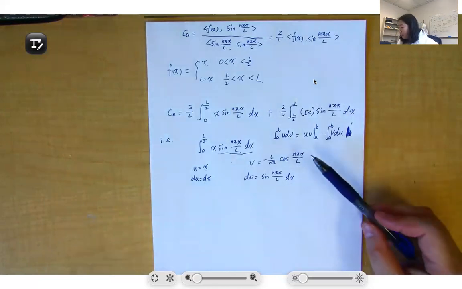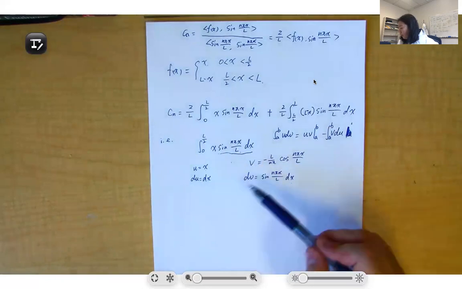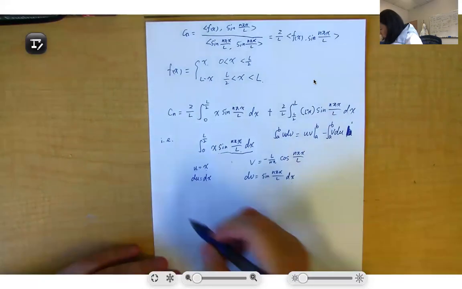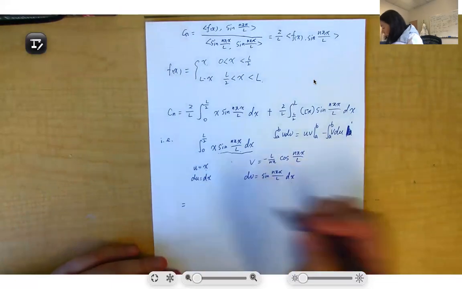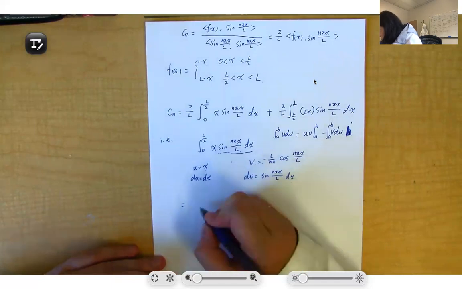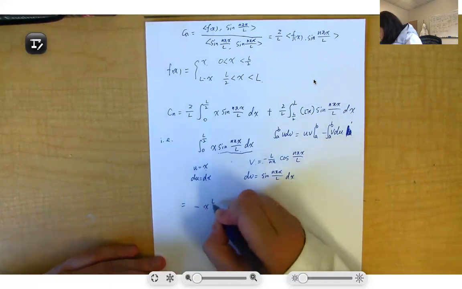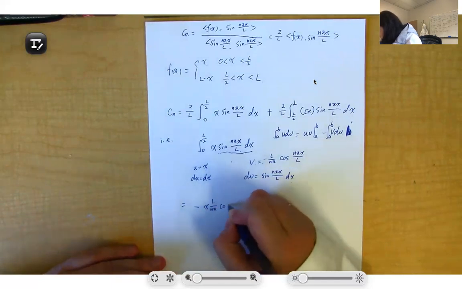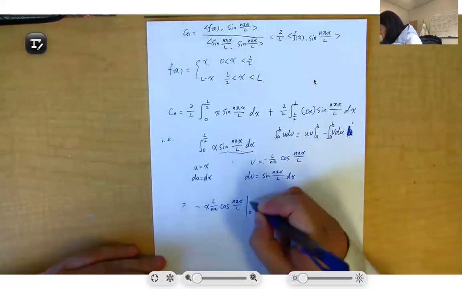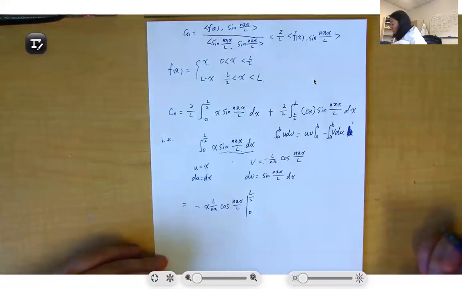Then we figure out u, v, du, dv, and then we can solve this initial integral. It will be equal to u times v, so minus x L over n pi cosine n pi x over L, with the integral from 0 to L over 2.